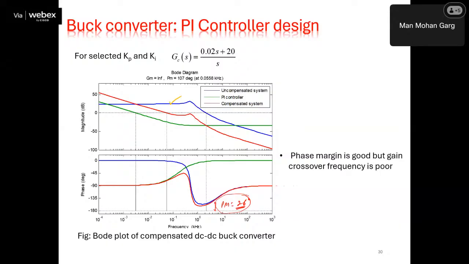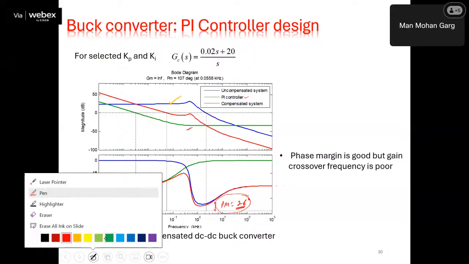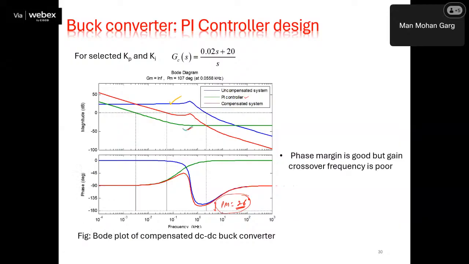Now, if you look at this green one, this green one is the Bode plot of PI controller. In this green, what we see is that this Bode plot is always introducing a negative phase, and this value is around, I think, 2 kilohertz.